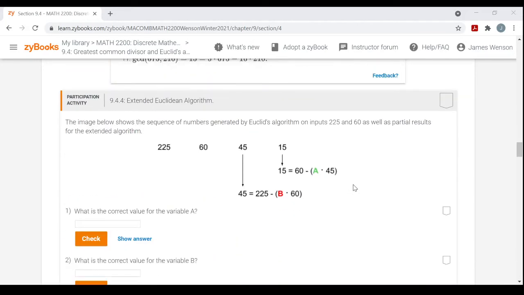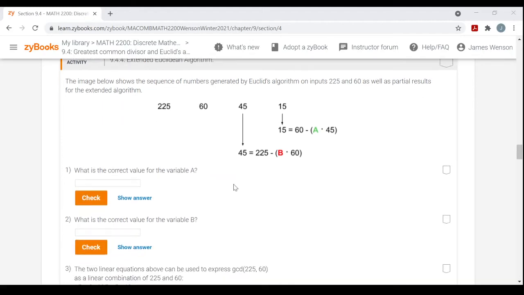All right. So the image below shows a sequence of numbers generated by Euclid's algorithm on inputs 225 and 60, as well as partial results for the extended algorithm. Here you're asked, 15, how is that a linear combination of 60 and 45? It's 60 minus 1 times 45, so the value of A is 1.